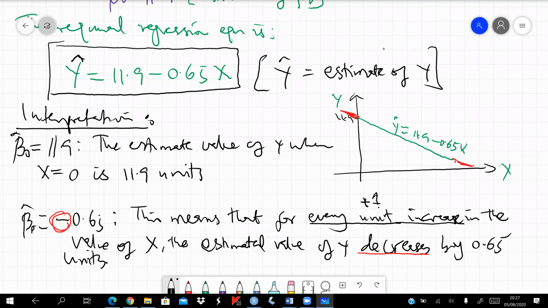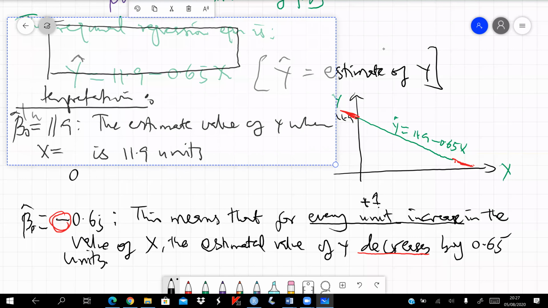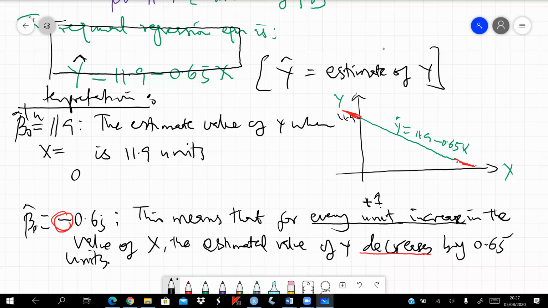If that value was plus 0.65, I would say the estimated value of y increases. So whether I say decrease or increase depends on the sign. That's how we interpret the slope coefficient. That should be easy to see, yeah? That should not be very difficult.